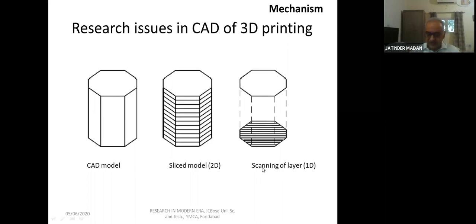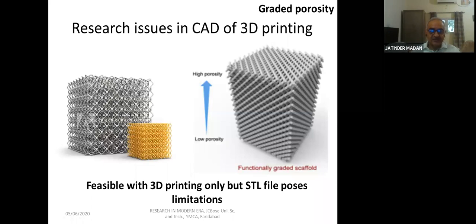That is another research issue. And then materials which are very complex, with graded porosity, where porosity is low in one area and high in another. That means open space is less here and more here. This is also one of the research areas that we have.